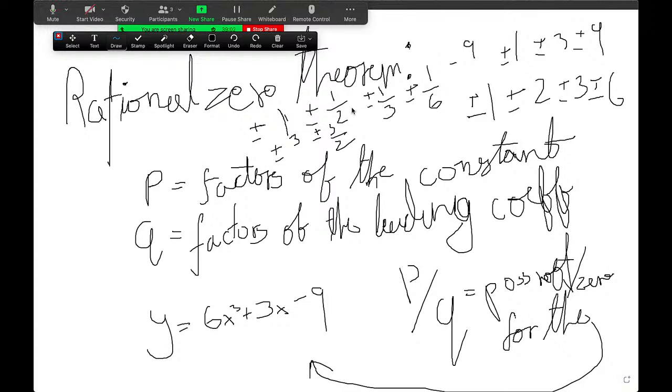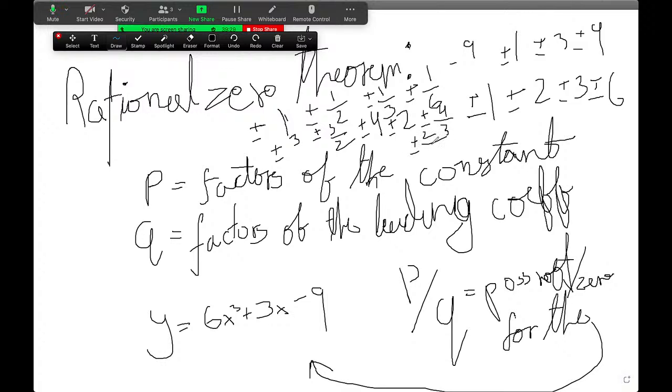Yeah. Then we do plus minus 4. So plus minus 4 over plus minus 1 is plus minus 4. And then plus minus 4 over plus minus 2 is plus minus 2. And then plus minus 4 over plus minus 3 is plus minus 4 over 3. And then plus minus 4 over plus minus 6 is 2 over 3. And then we write that.